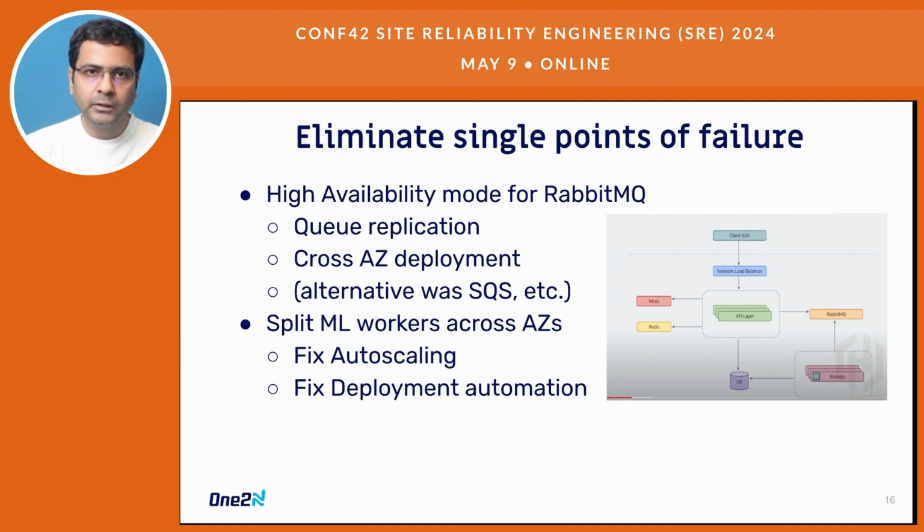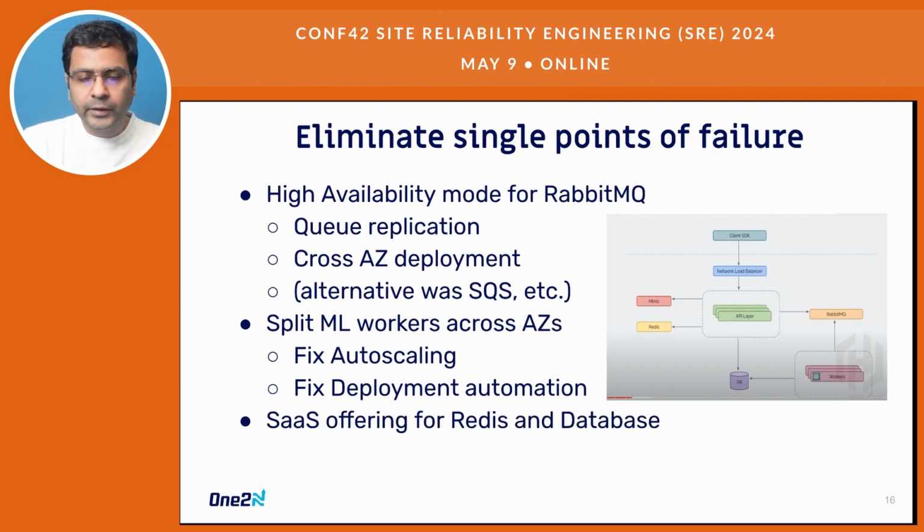For most of the other components in the architecture, we would have workloads run on all 3 AZs. Another thing that we did is wherever possible, we used SaaS offerings for some of the important stateful systems like databases, for example, Redis and Postgres. It's just to make sure that we don't have to manage and scale those components also.